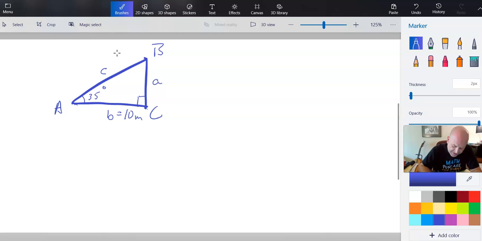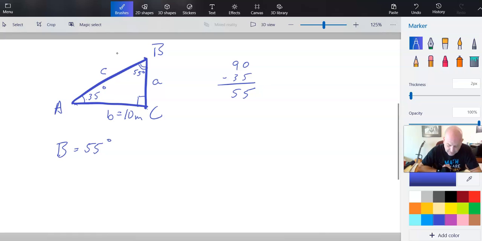This is 90, so whatever this angle is has to be the complement of 35 degrees. If I take 90 minus 35, that gives me 55. So angle B is 55 degrees.